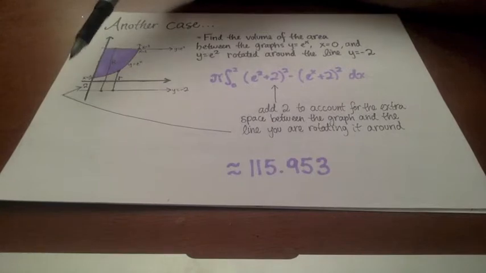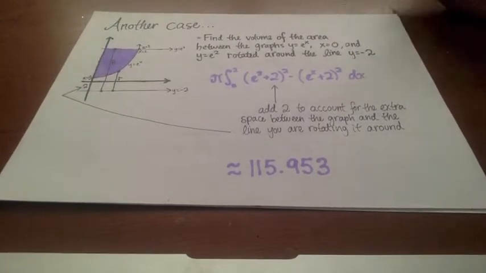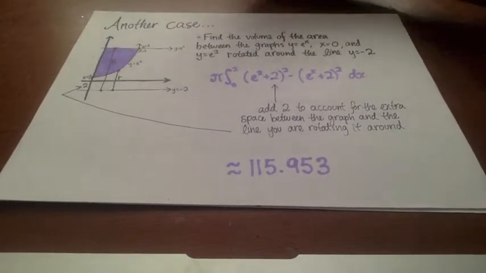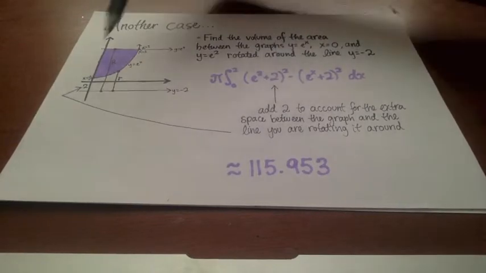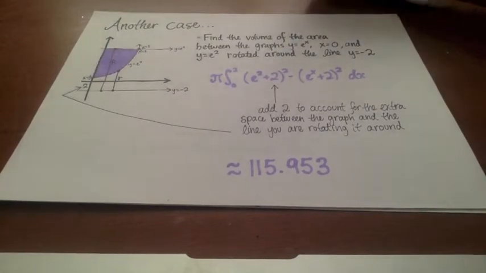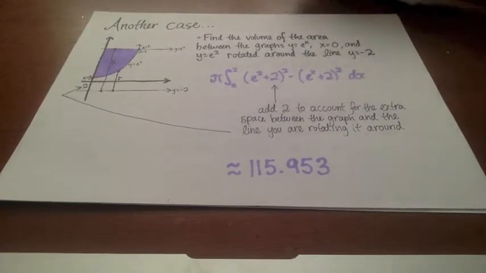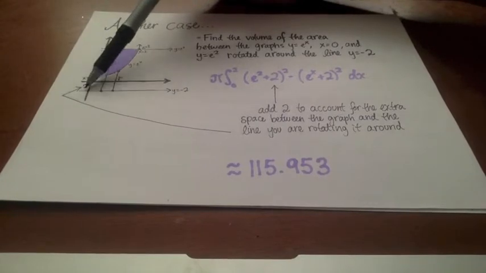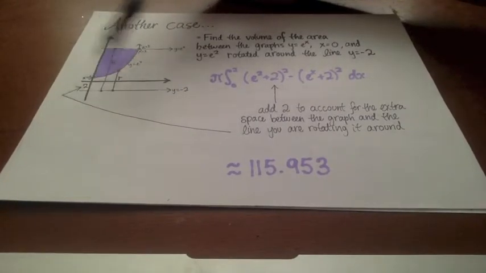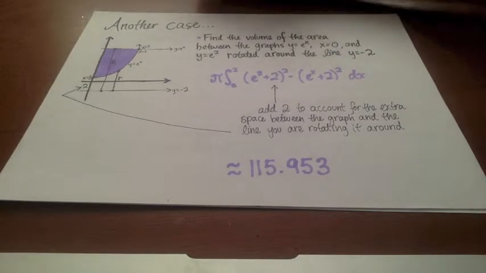We're rotating it around a line. So in this case, we'd have to add in the 2, which is the length of the line, to account for the extra space between the graph and the line you were rotating it around. So this is the space between the line and the x-axis, which you would originally rotate around.